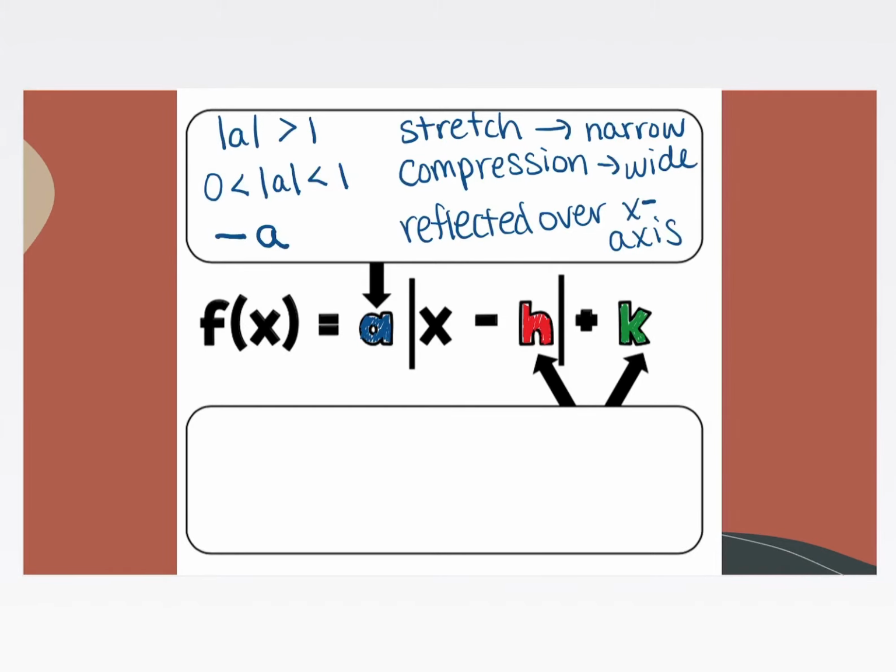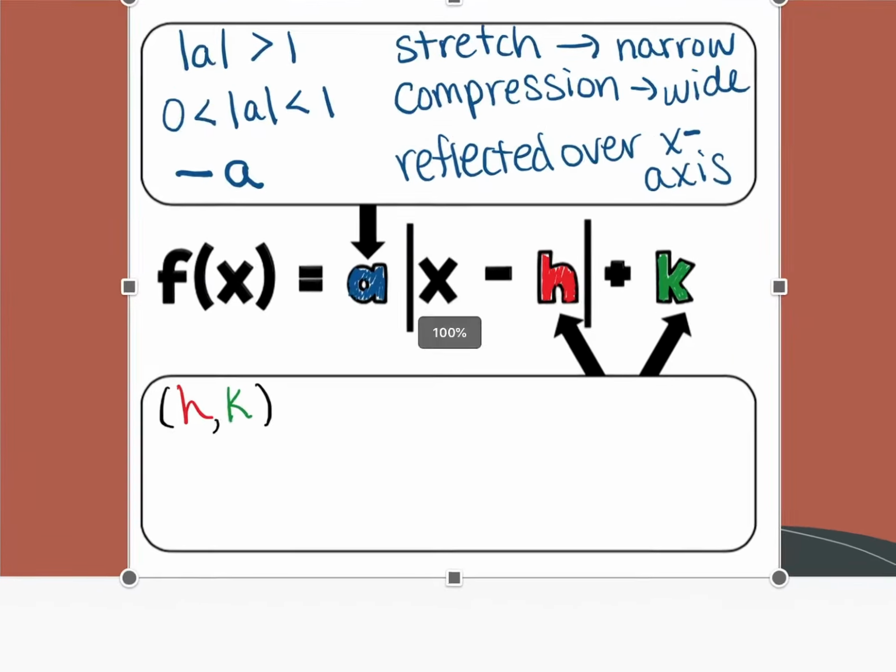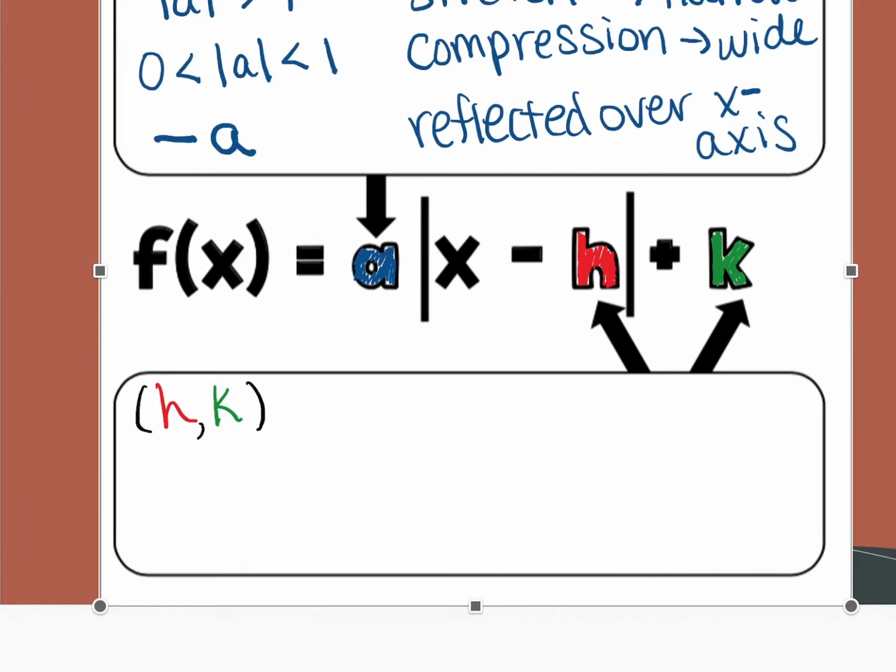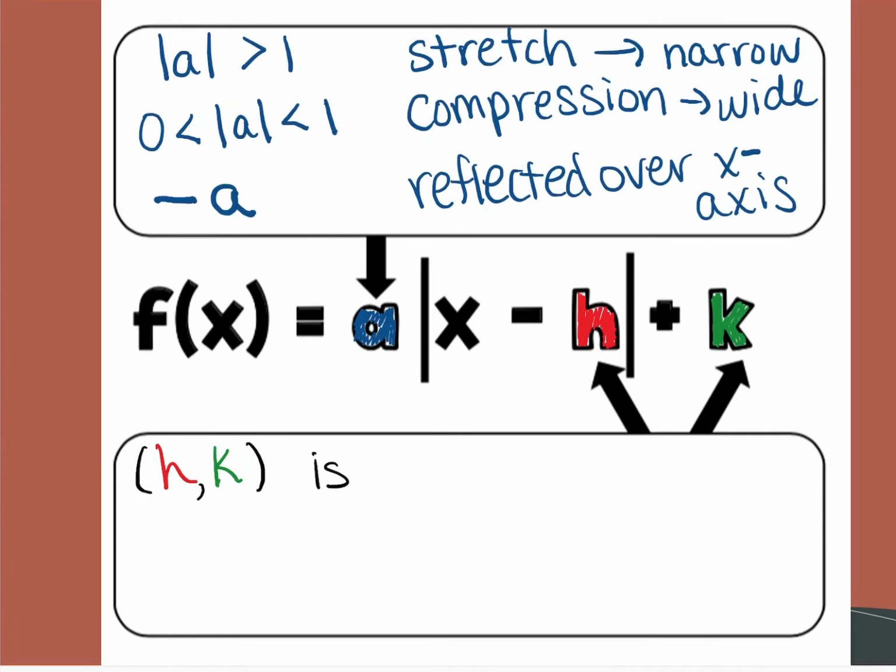Now, whenever we deal with h and k, this is actually the vertex of the graph.